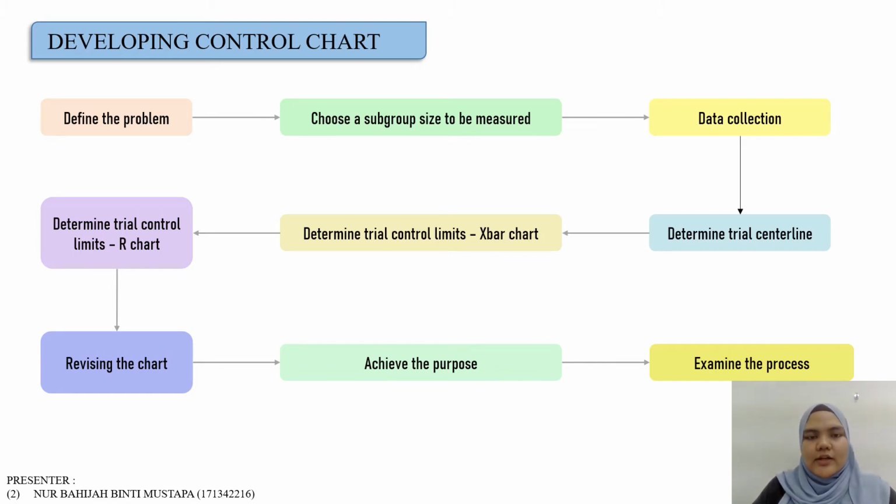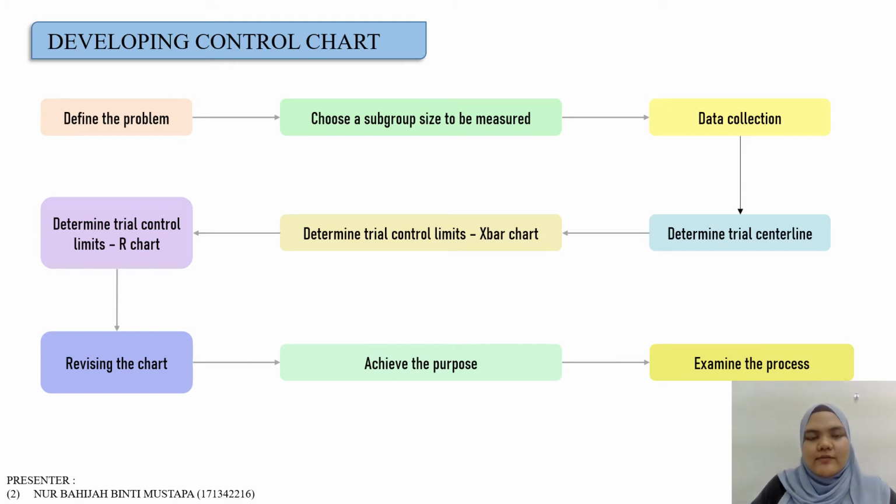Next is data collection. The 20 to 25 subgroups are collected before calculating the control limit, and each time a subgroup of the sample size is taken, the average for the subgroup is calculated and plotted on the control chart. Next, we determine the trial center line, where the center line should be the population mean. And then the trial control limit for X bar is determined.